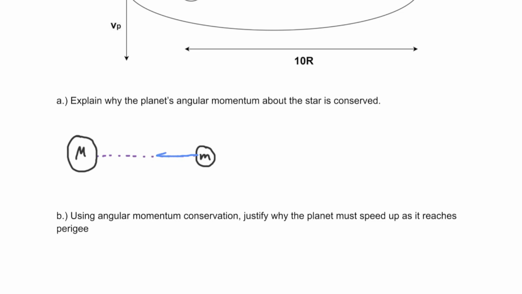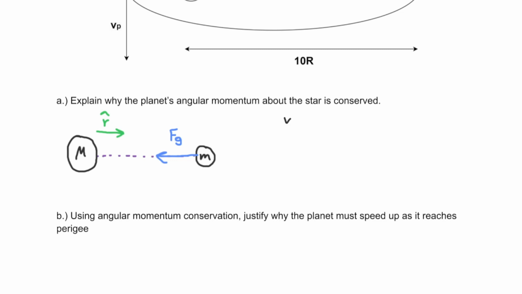So my force of gravity is going to point directly on the connecting line, and the connecting line is also, by definition, what our torque r vector is going to be.